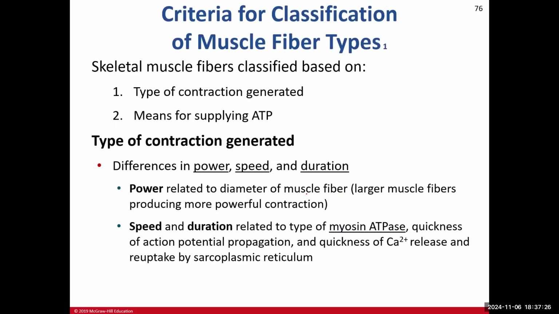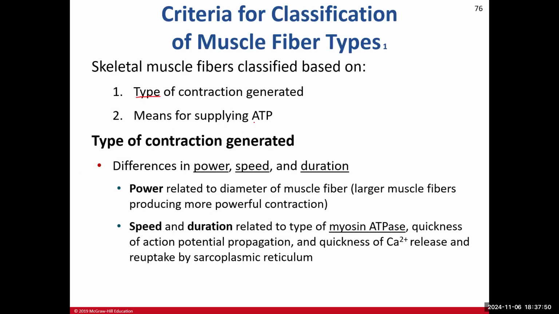All right. I'm going to kind of move through this part here because most classes find this part pretty boring. So we're going to talk about the different types of muscle fibers that you have in your body. When we classify your muscle fiber types, there are two ways that we classify them. One, what type of contraction?